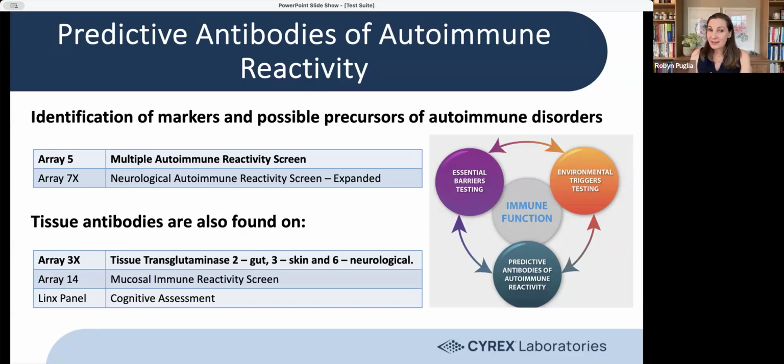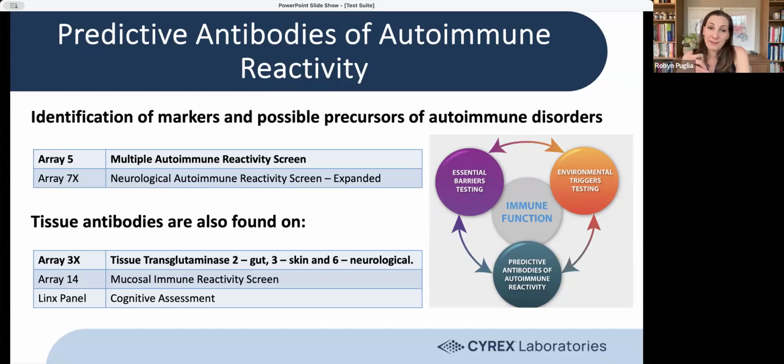There are tissue antibodies also found on Array3. So Array3 is our gluten and wheat reactivity profile, and it's appropriate to include in a gluten reactivity profile the gluten-related autoantibodies. So there are 3 tissue transglutaminase antibodies found on Array3X: tissue transglutaminase 2, which is associated with celiac disease and is the hallmark autoantibody for celiac disease.